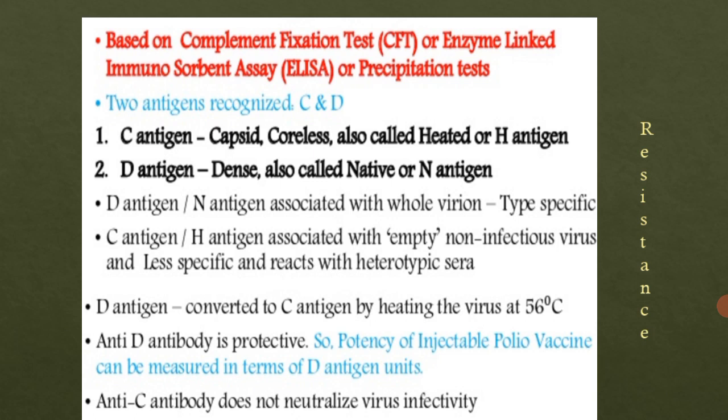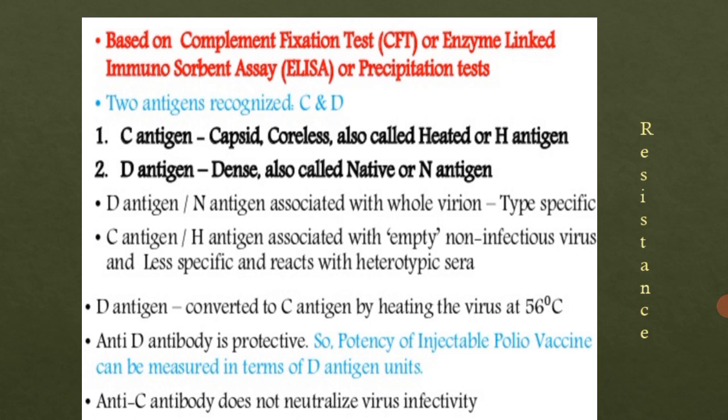Then the anti-D antibody, which is the antibody against the D antigen, is protective, and therefore the potency of the injectable polio vaccine can be measured in terms of the D antigen unit. This is a very interesting and important point.